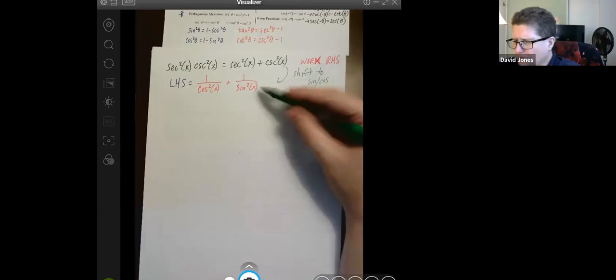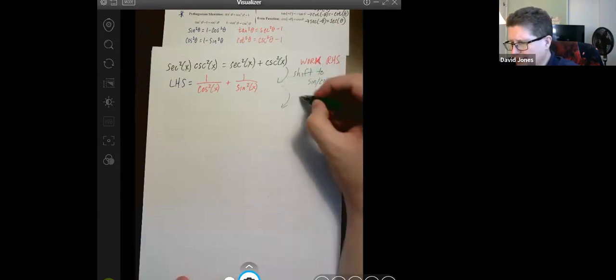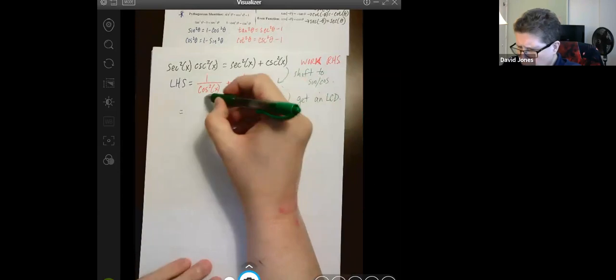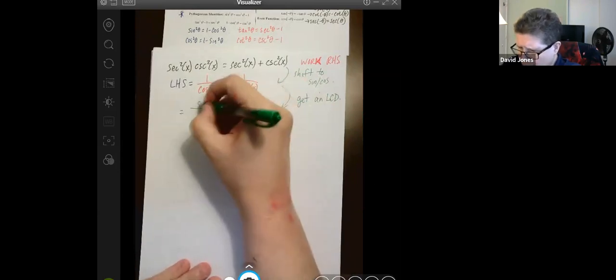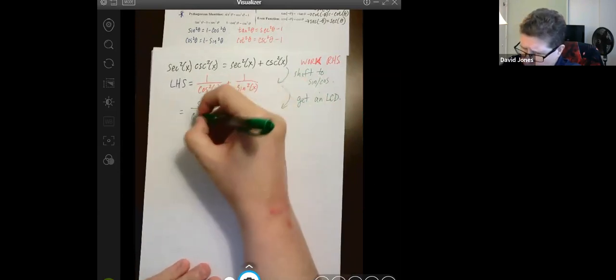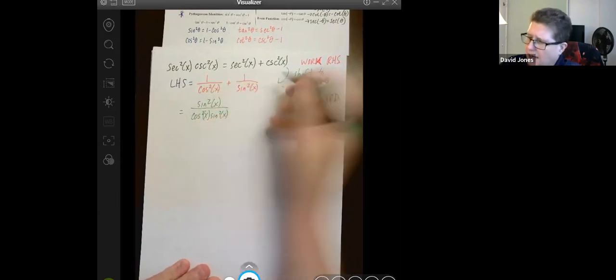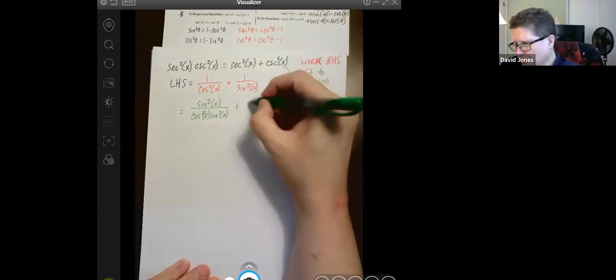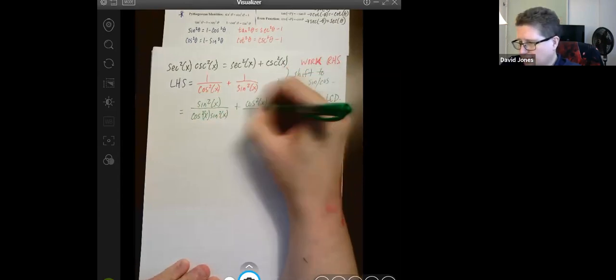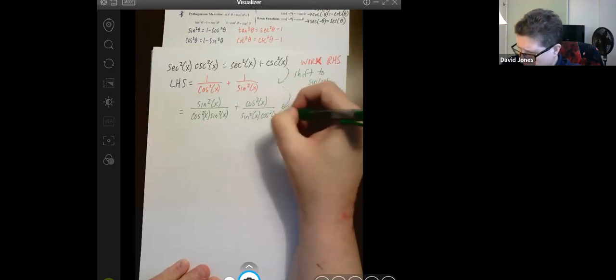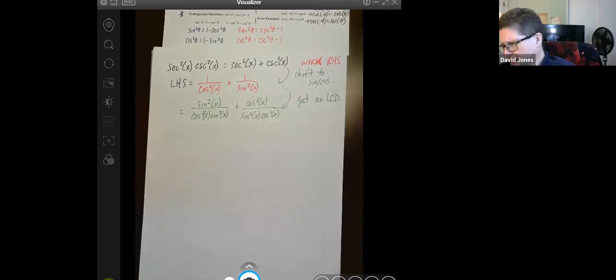Now I've got different denominators. Let's get an LCD. That might help. I need to multiply cosine squared x by sine squared x. So I'll have sine squared x, cosine squared x, sine squared x. And then I multiply this one by cosine squared x over cosine squared x, and combine the fractions.